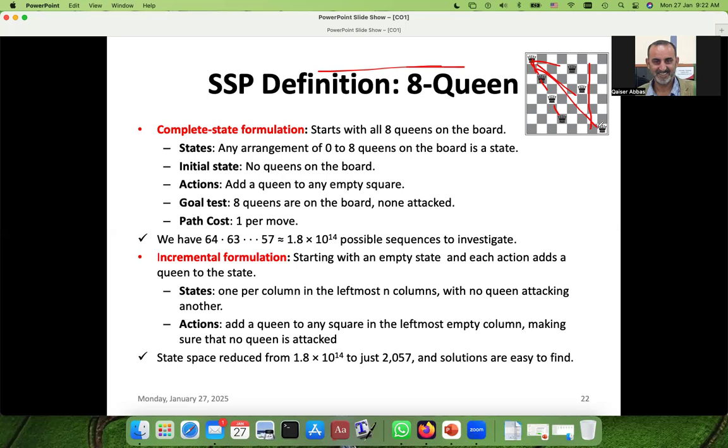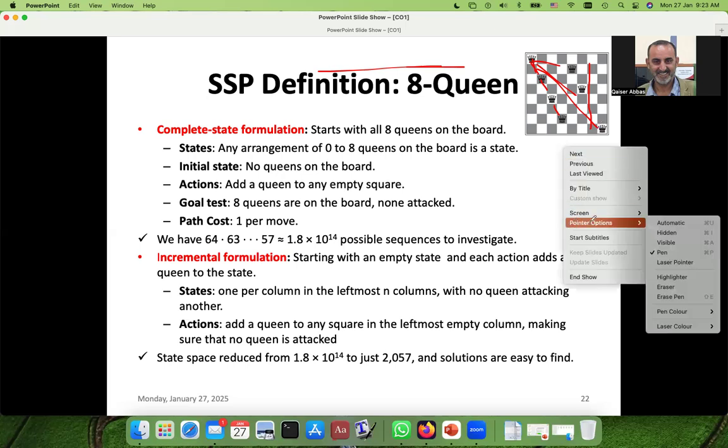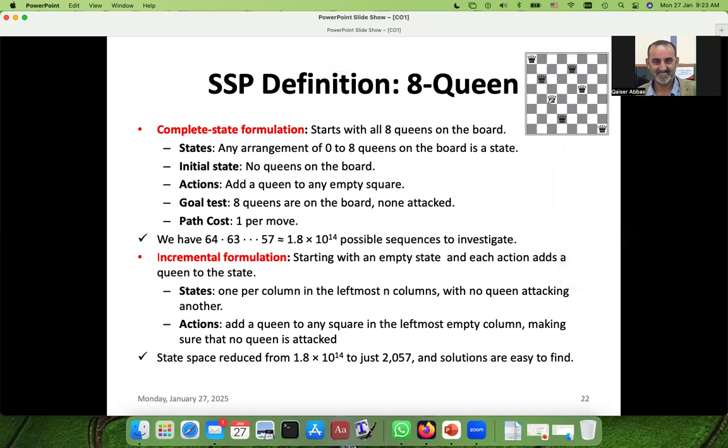You can check. So this is what the 8 queen problem is. You have to put 8 queens on the chessboard in such a way that none of the queens will attack each other. And now you have to write the problem definition for it.